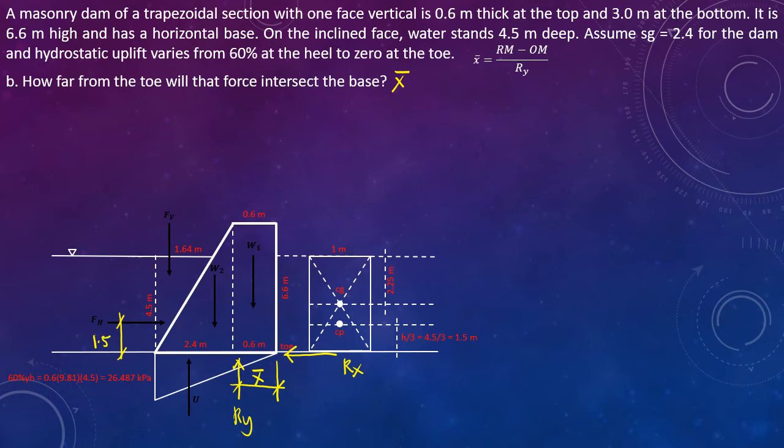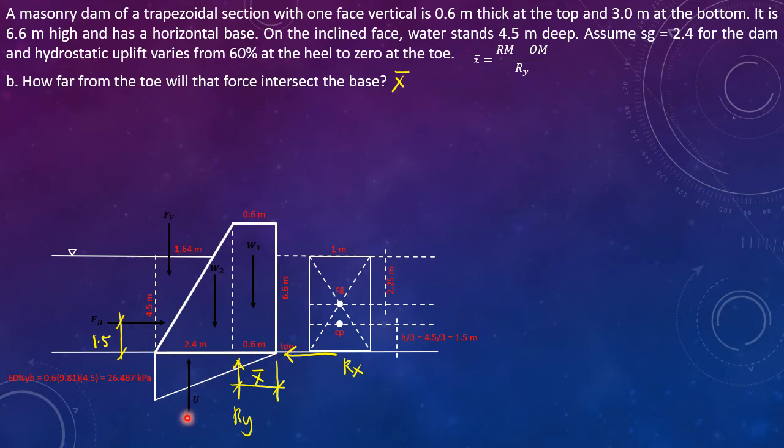And for U, with respect to the toe, since this is a triangle, the moment arm will be 2/3 the base of the triangle.